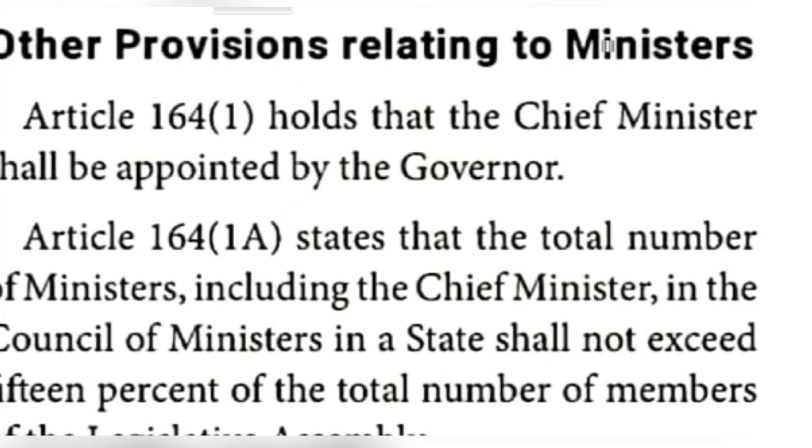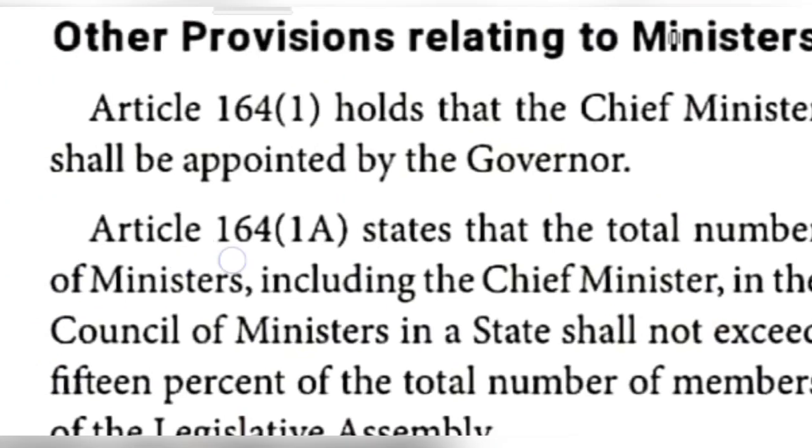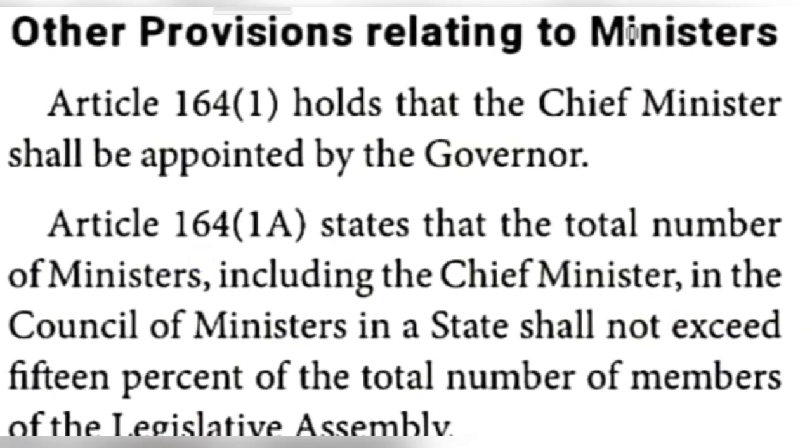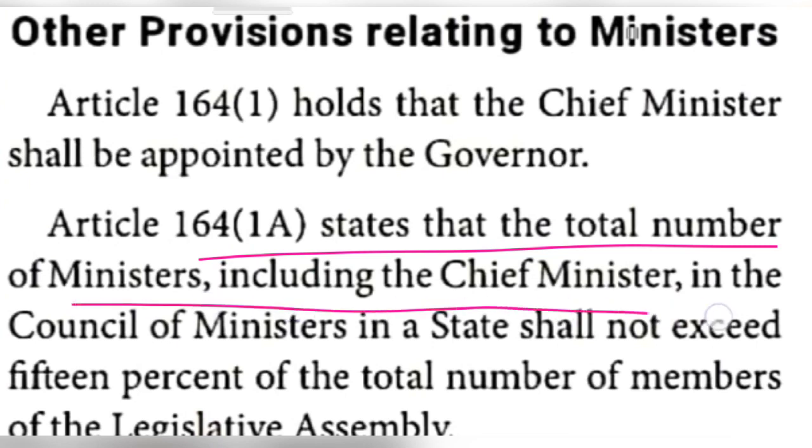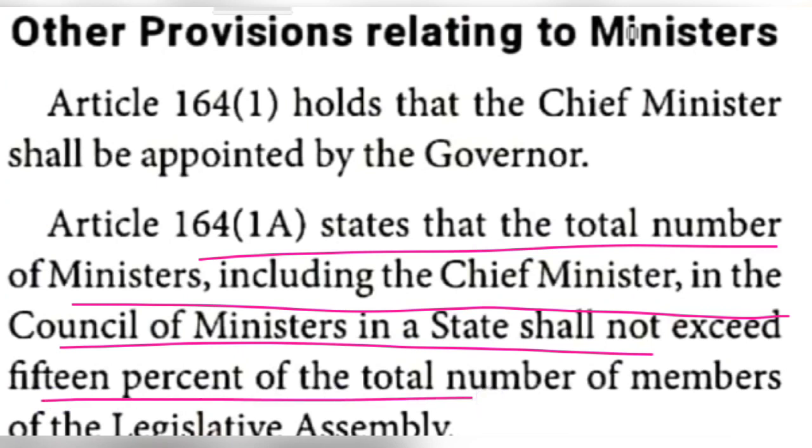The next one, 164(1)(a). The total number of ministers, including the chief minister, in the council of ministers in a state shall not exceed 15% of the total number of members in the legislative assembly.